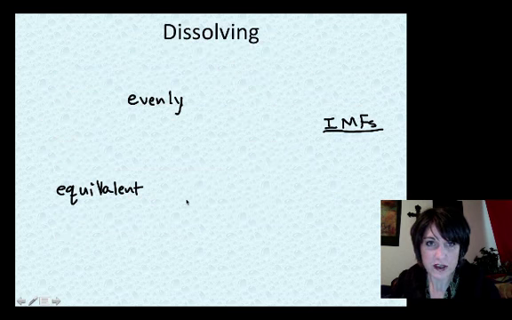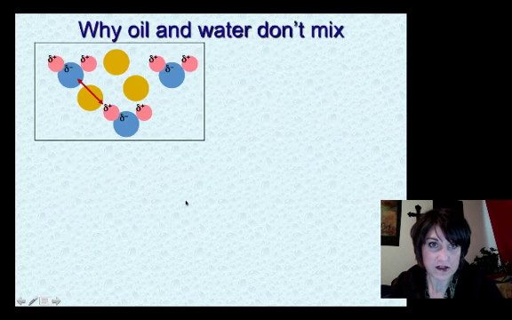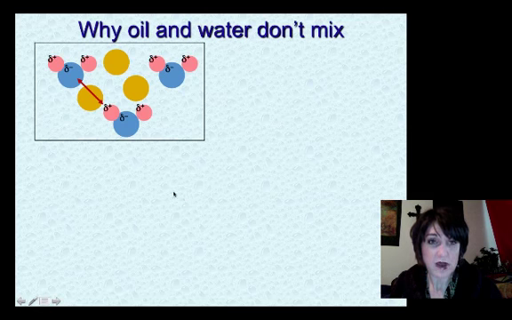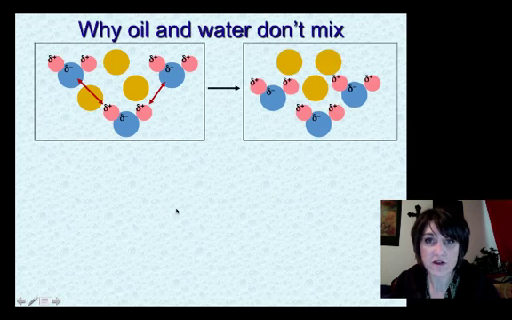Let me show you what I'm talking about. With oil and water, for instance, there's an attraction for one water molecule to another through hydrogen bonding, right? Through the partial positive charge on the hydrogen end and the partial negative charge on the oxygen end. Because of that attraction, those particles will move closer together because of that electrostatic force.